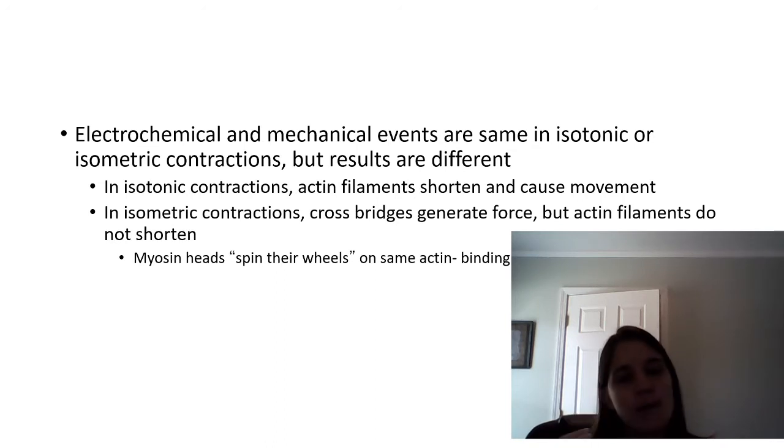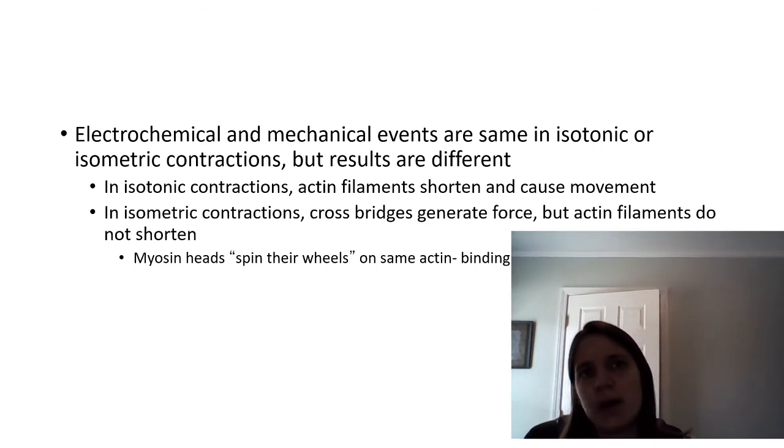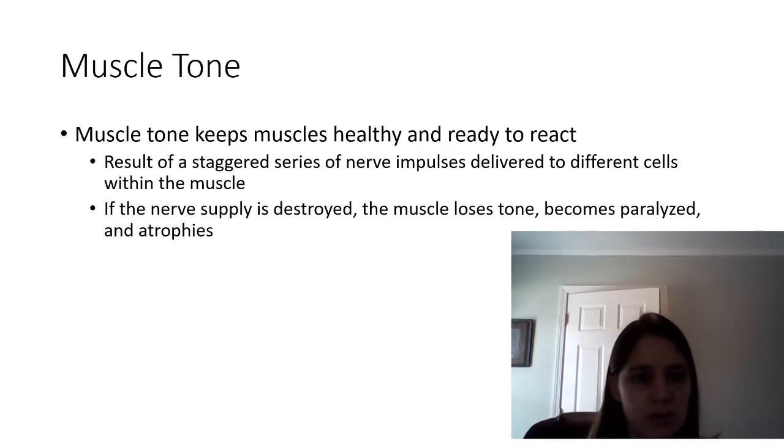Something's happening, but you don't go forward. So myosin heads are basically grabbing at the same actin binding spot again and again. So again, you'll have force either way, but it's whether or not you're shortening that muscle.